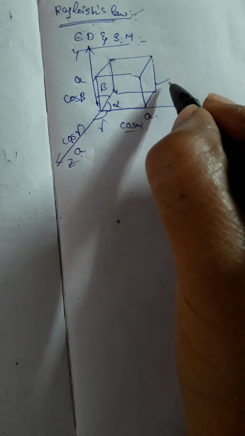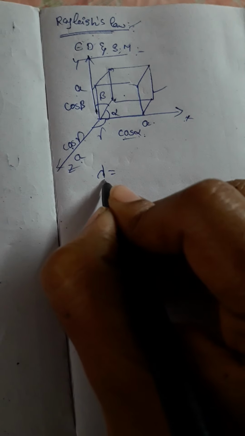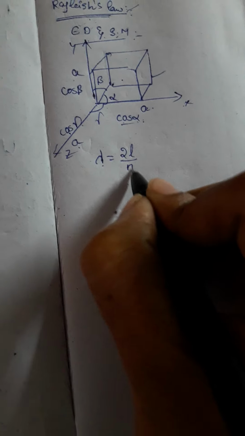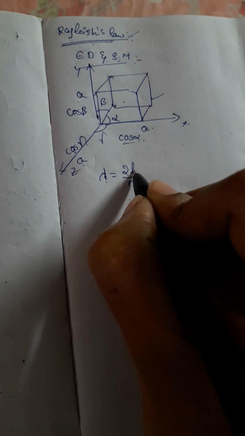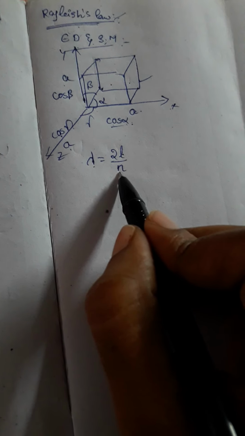Now we are writing the formula of the wavelength of our considered cubic enclosure. What is the wavelength? Lambda is the wavelength of our cubic enclosure, that gives lambda equals 2L by n. L is the length of our cube in different directions, n is an integer. Here we have three dimensions.